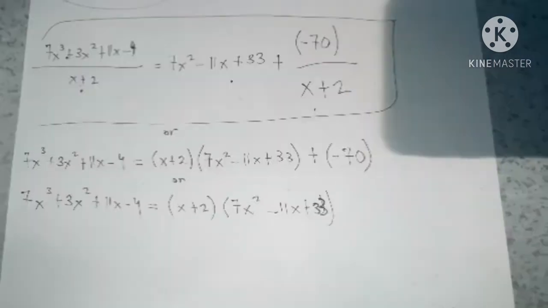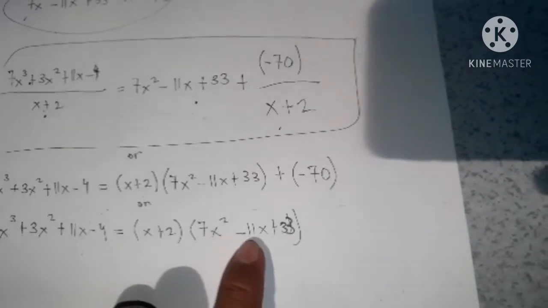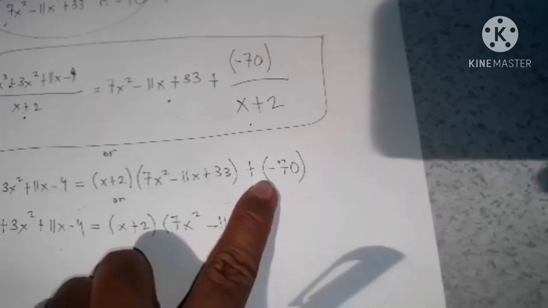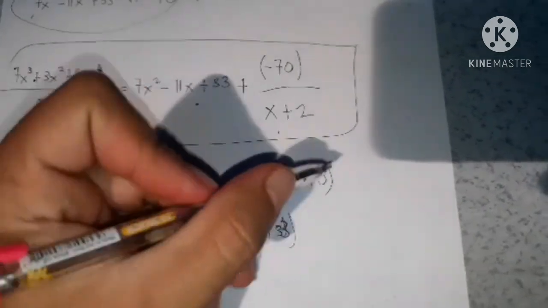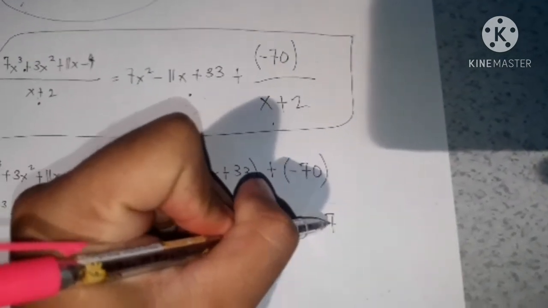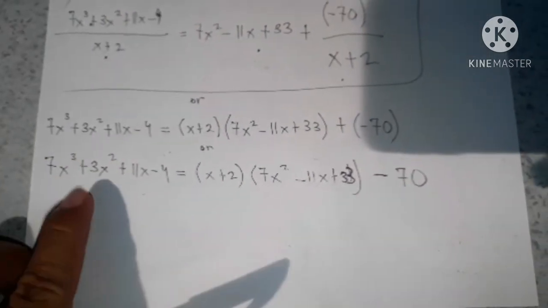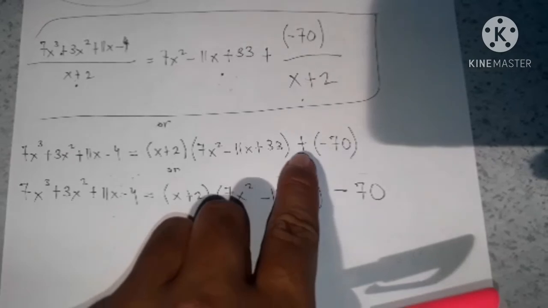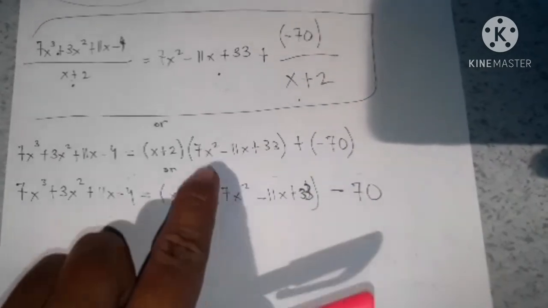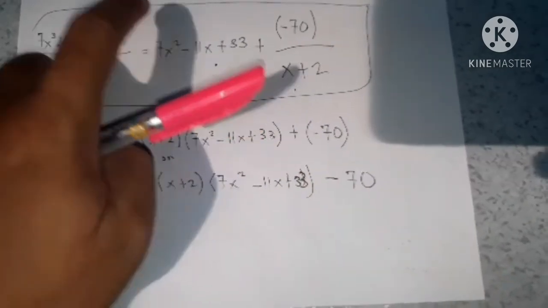Okay naman. Either, kaya instead of writing plus negative 70, pwedeng diretsong isulat ninyo as minus 70. So again, this is the dividend is equal to the divisor times the quotient plus the remainder. So maalin dito sa dalawa. O kaya ito.